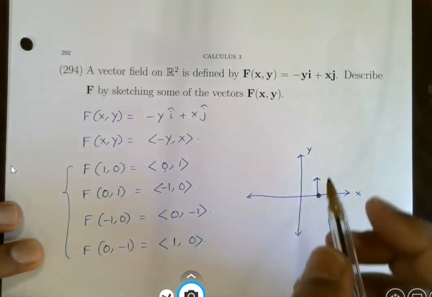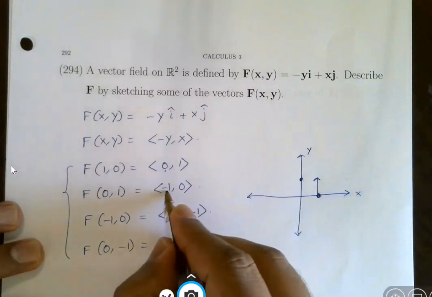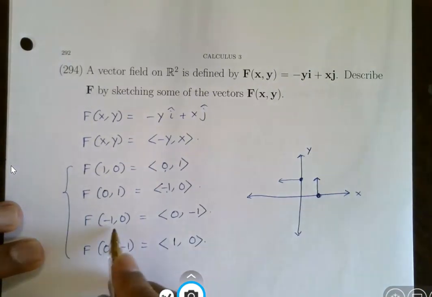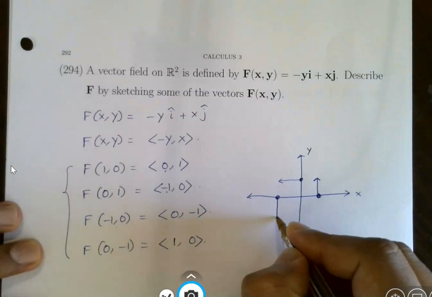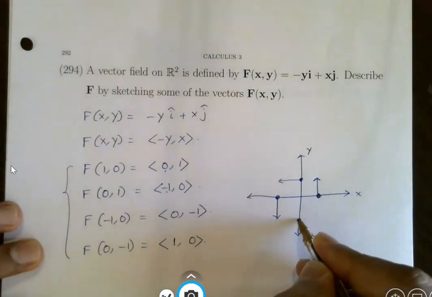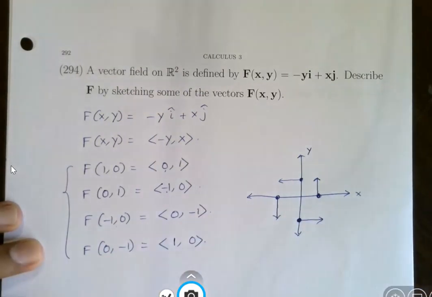Then at 0, 1, your vector field is pointing to negative 1, 0. At negative 1, 0, your vector field is pointing to 0, negative 1, so that's somewhere here. And f of 0, negative 1 means here. It is pointing to 1, 0, so that's somewhere here. So that's how the vector field looks.